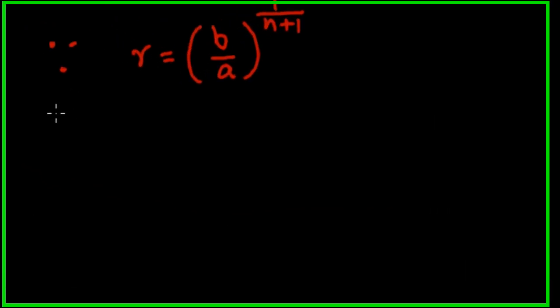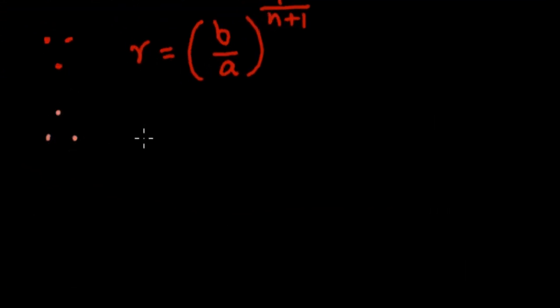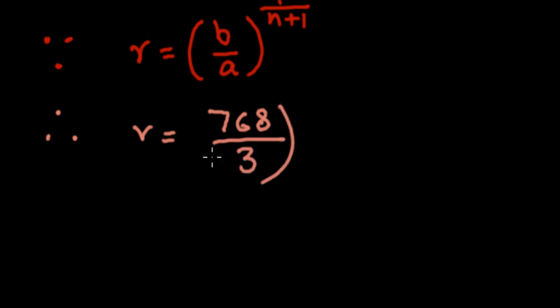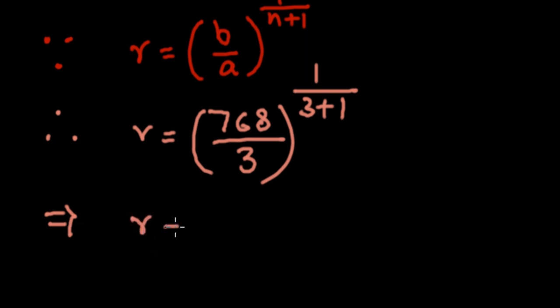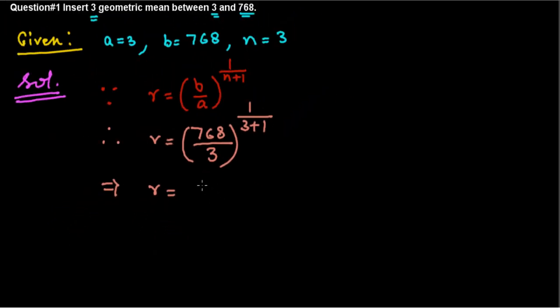Therefore, R is equal to B upon A, where B is 768 and A is 3, and n is 3, plus 1. This implies R is equal to 256 whole power 1 by 4. How do we get 256? I will explain. 3 ones are 3, 3 twos are 6, 3 fives are 15, and 3 sixes are 18.